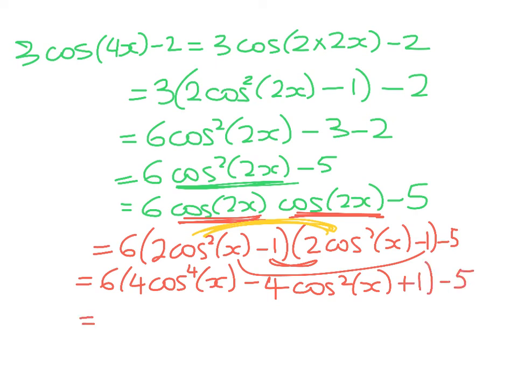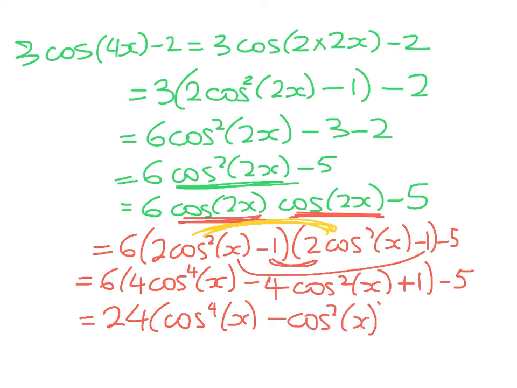Right, expanding out the first two, I get 24 into cos to the power of 4x minus cos squared of x. Right, and I've got 6 minus 5 plus 1 as required.